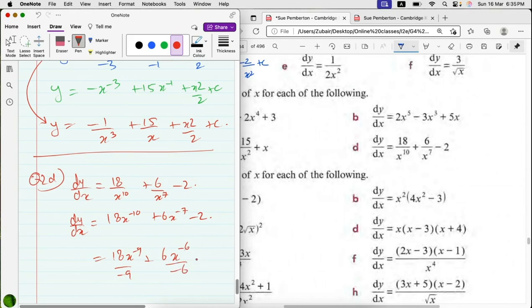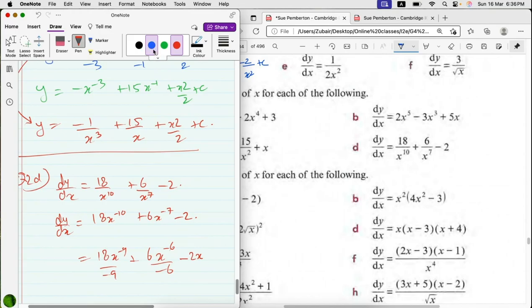And then the minus 2 just stays, right? No, we add x to the minus 2. Just assume that there's no x. That means it was x raised to power 0. Oh, then now it's just 1. Okay, and plus c.